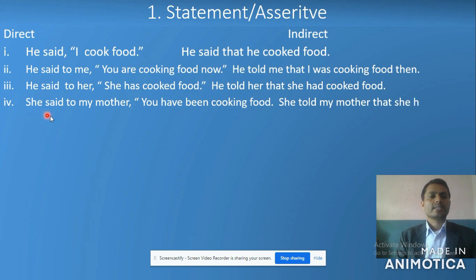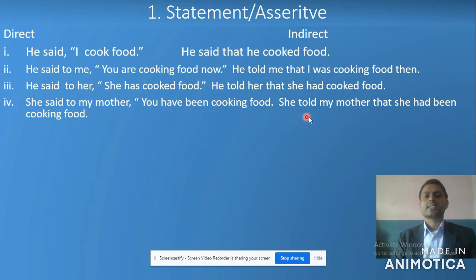She said to my mother, comma, "You have been cooking food." It is present perfect continuous tense. She told my mother: now see the subject, then said to becomes told. She told my mother. Then we remove the comma and use that to replace the comma. The first person we already changed according to the subject in the sentence, then the second person we change according to the object.